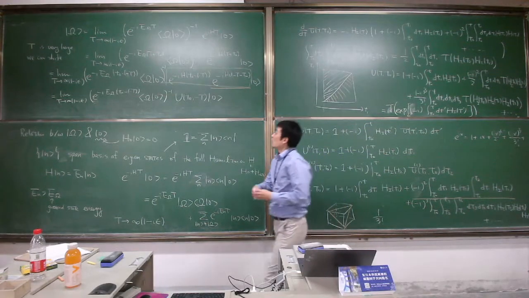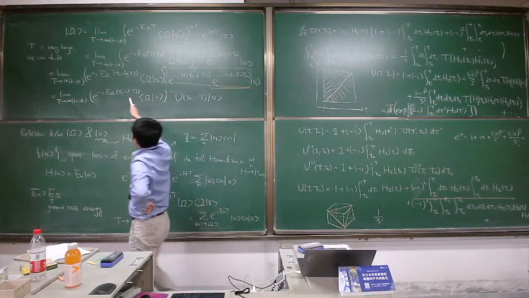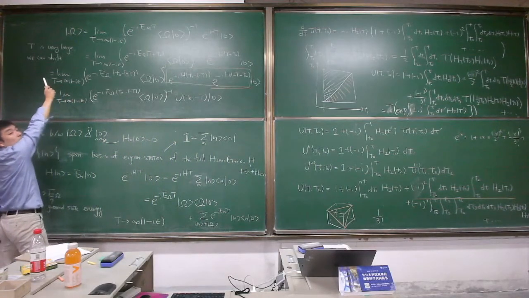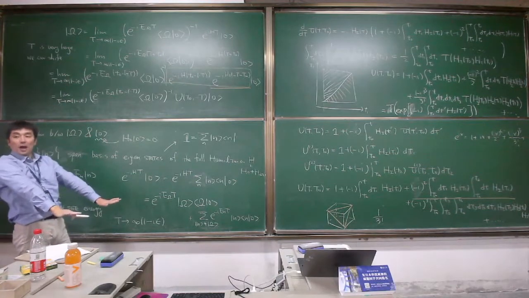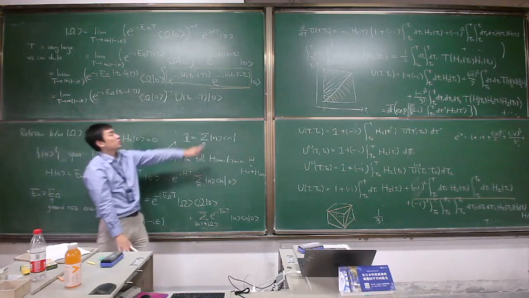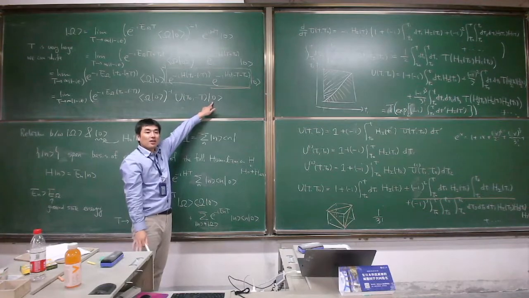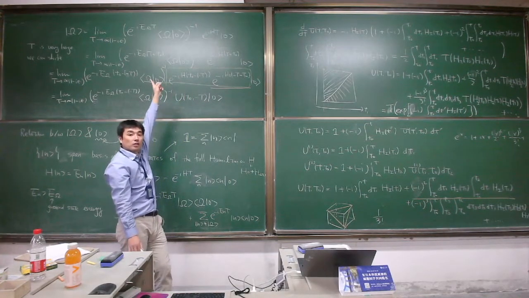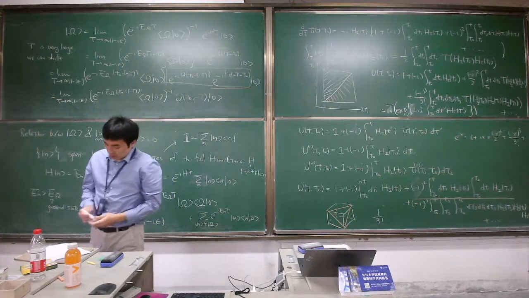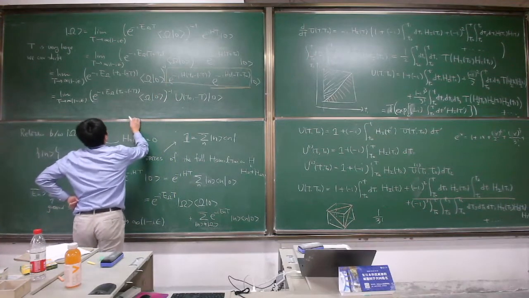By time evolution dictated by this, and up to normalization, you get the true vacuum. That's what it means. So after a long time, you can have just the free vacuum, let this free vacuum evolve by this U operator, and then you get the true vacuum of the interacting theory. So this is called the Gell-Mann and Low theorem.